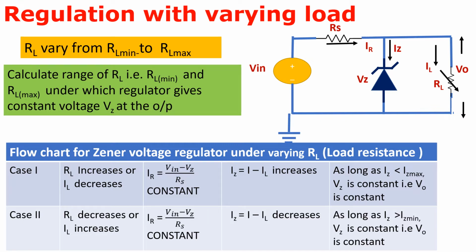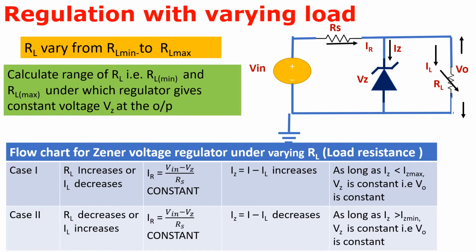The current flowing through the series resistance is constant, because the current through RS can be calculated by V upon R, where V is the voltage difference across this series resistor. It is Vin minus Vz. In this circuit, we are considering Vin constant and Vz constant. As a result, the IR current will be constant.